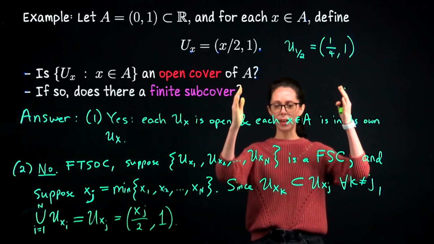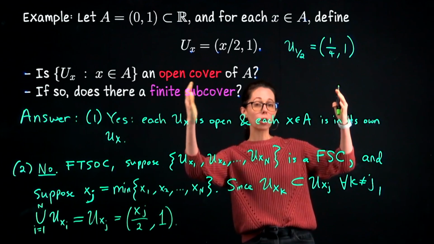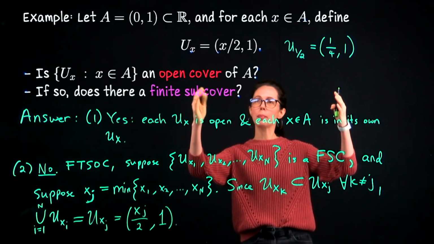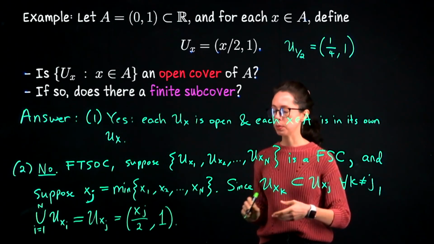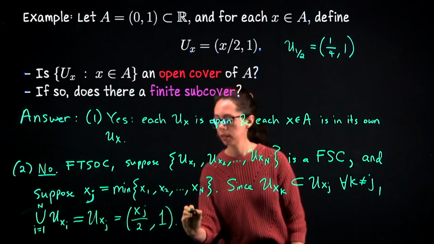So by only taking finitely many, we cut maybe close to the left side of this domain, but we're not going to get all the way down to 0. We're not going to cover the points between 0 and xj over 2.